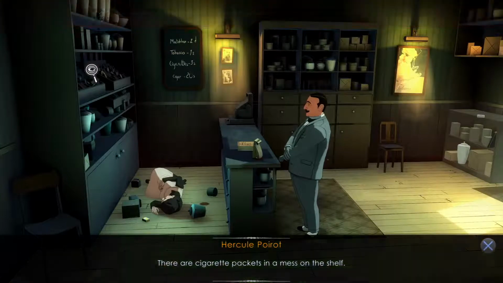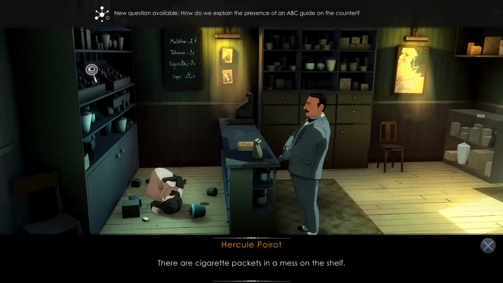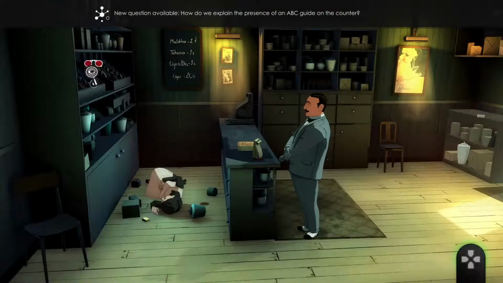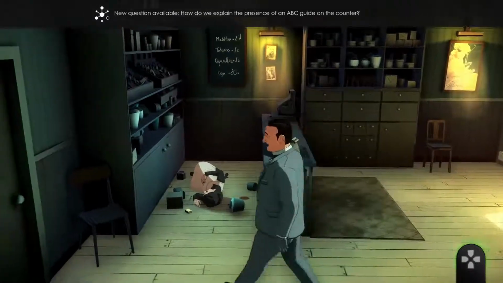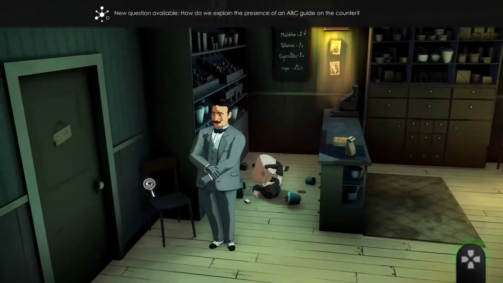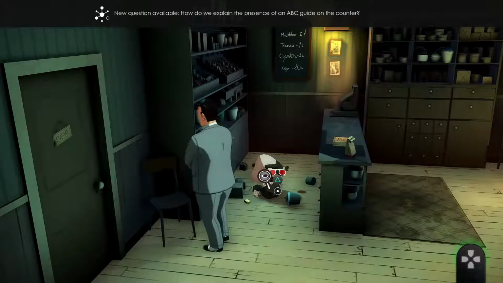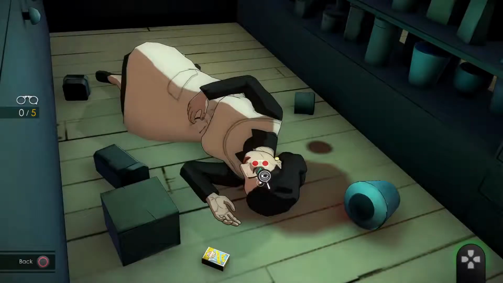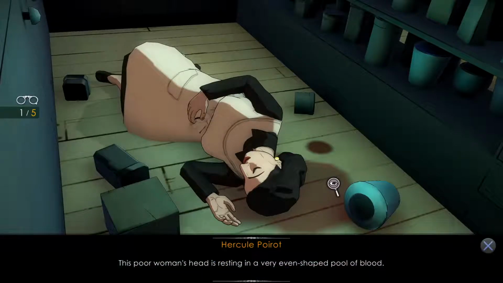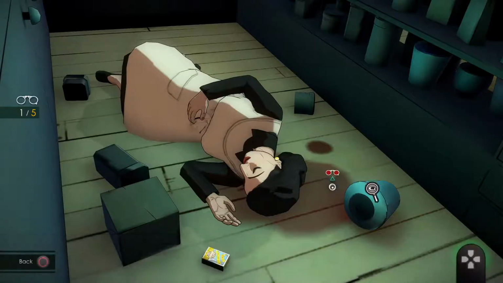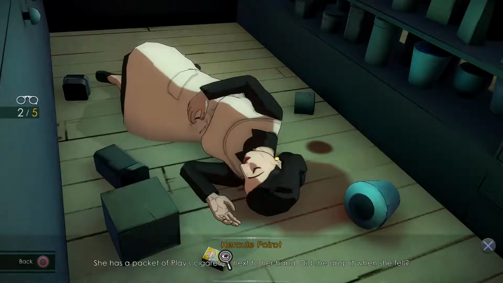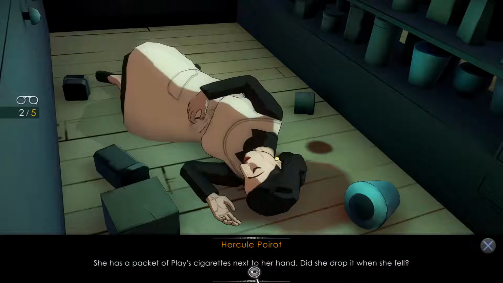There are cigarettes packets in a mess on the shelf. This poor woman's head is resting in a very even-shaped pool of blood. She has a packet of play cigarette next to her hand. Did she drop it when she fell?